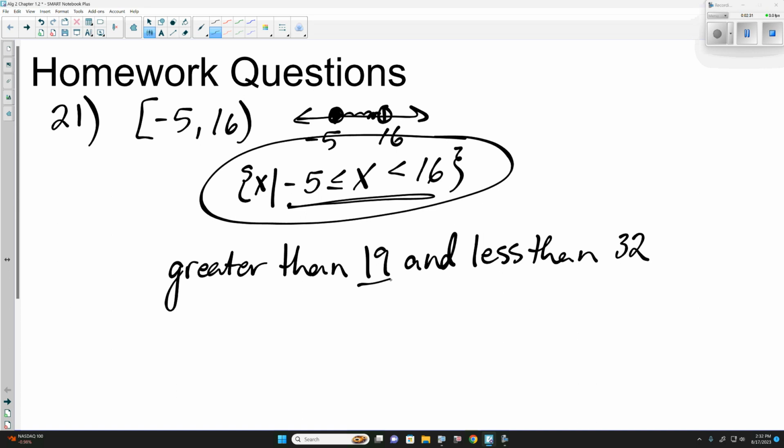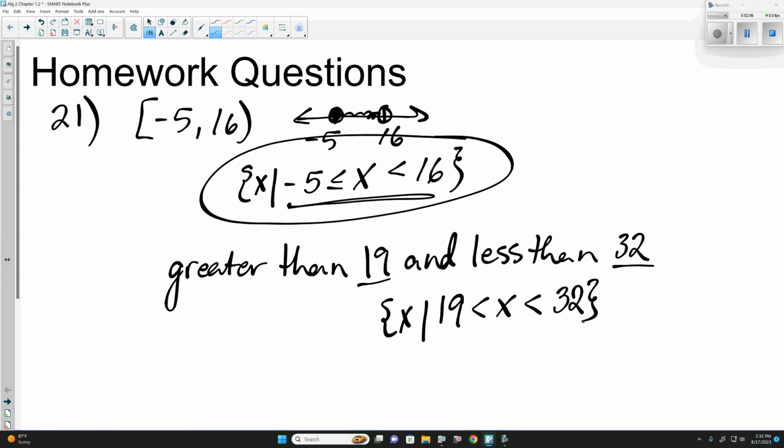We know the numbers are between 19 and 32. So 19 is less than x, and x is less than 32. So we're good with that. Then we apply our set builder notation to it. That's it.